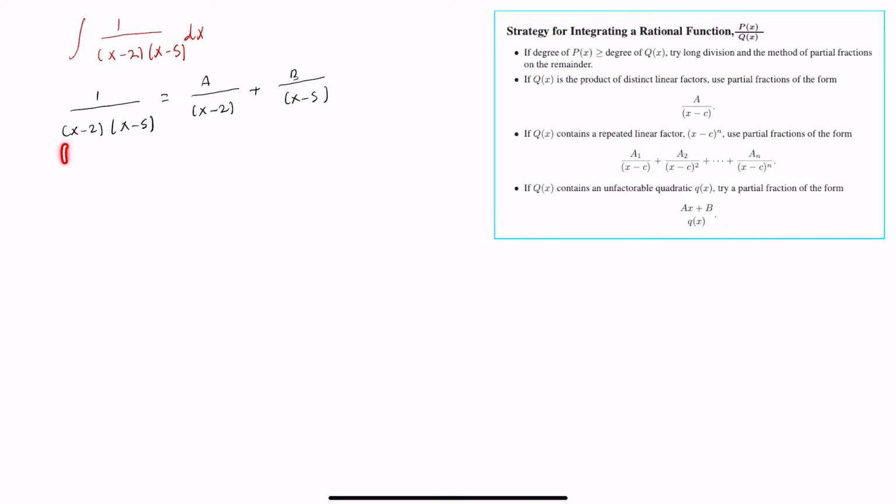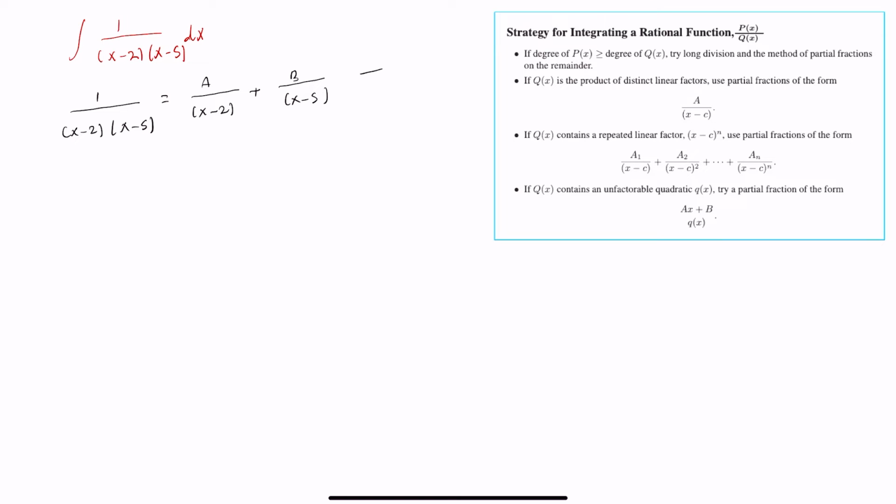What I did here is break this fraction into two fractions, the first with A and the second with B. The idea of partial fractions is that this fraction is equal to this one, and in the end we're going to integrate this one. However, first we want to find what A is and what B is. So let's solve for A and B.